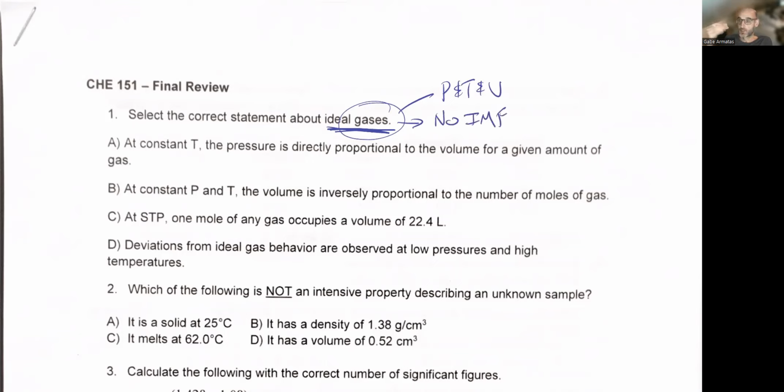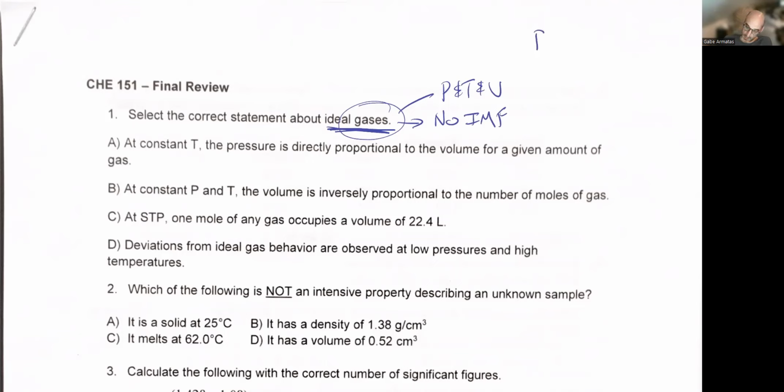Every single gas is going to behave the same way, regardless of the type, because there are no intermolecular forces that we ever consider. So the ideal gas means no intermolecular forces. Atoms or molecules in the gaseous state don't attract each other, don't repel each other, they don't interact. So that's when something is behaving in an ideal circumstance.